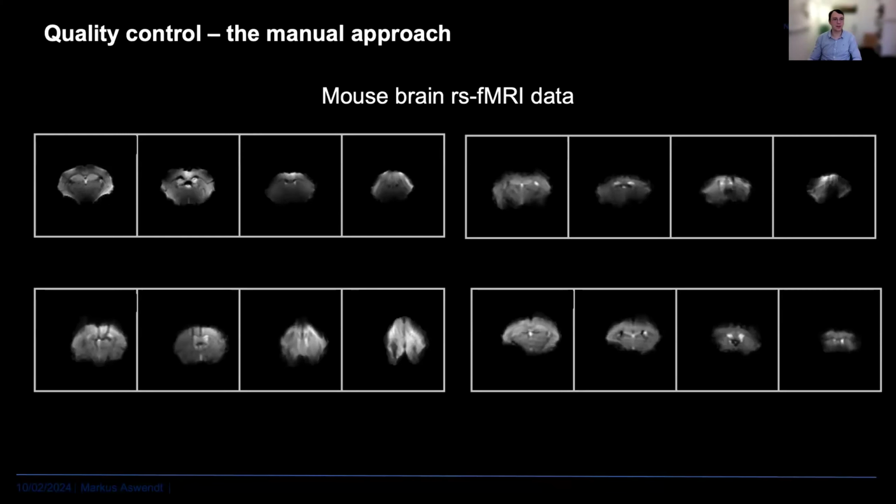And to give you now a very brief idea of why this is so important, you see here examples. These panels are from 4 mice, and this is resting state fMRI data. You are now about to judge which of this data set is of better or lower quality. I will give you no strict criteria. This is just your own subjective judgment.